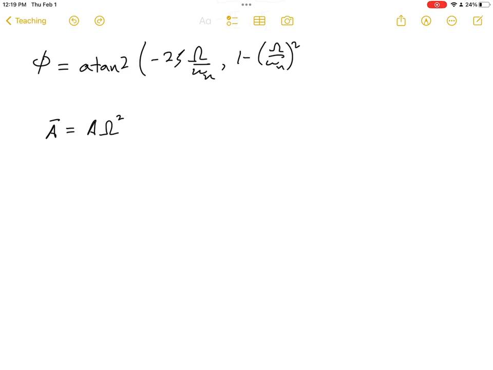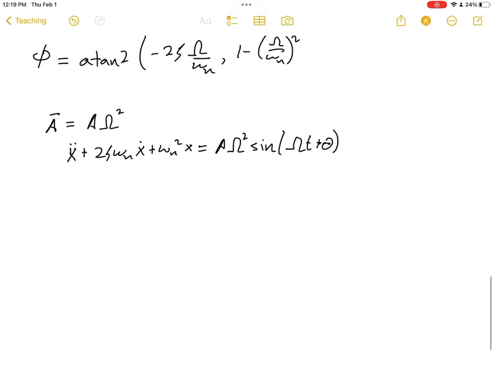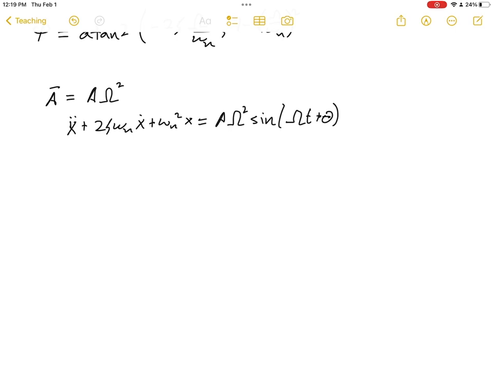First of all, we'll rewrite our equation of motion, our forcing function: x double dot plus 2 zeta omega n x dot plus omega n squared x equals A times capital Omega squared sine of capital Omega times t plus theta. And that allows us to rewrite the equation for B, which is the magnitude of x steady state, B sine of capital Omega t plus theta plus phi.